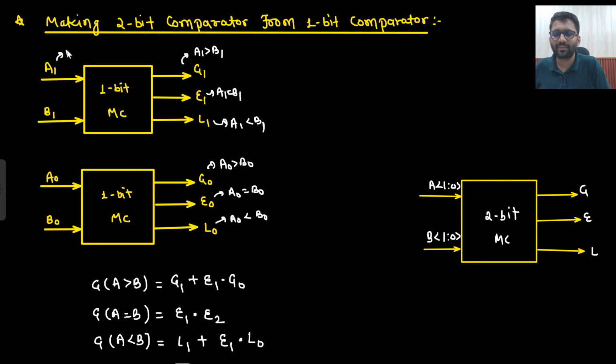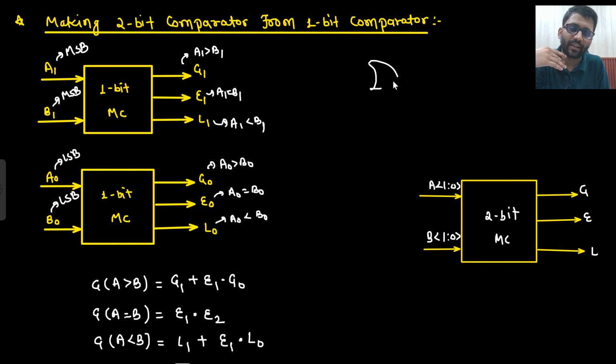I am assuming that this is my MSB and these are my LSB. This is the assumption we have made. Now if I need to implement it, how will I implement it? Eventually I need an OR gate.